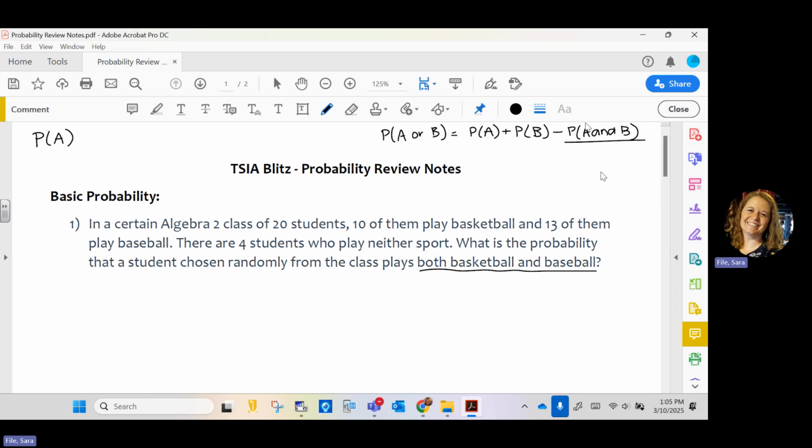So you could rearrange this so that the probability of A and B equals the probability of A plus the probability of B minus the probability of A or B. See how those just ended up switching places?